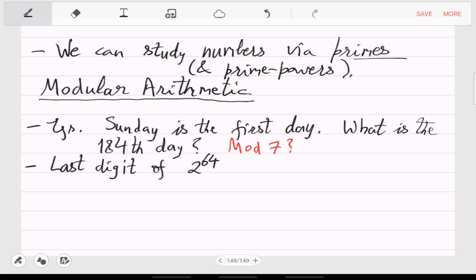So thankfully for you, these questions actually don't require any other digit except the last digit, which can be obtained by remainder by 10, right? So this is kind of a mod 10 question.